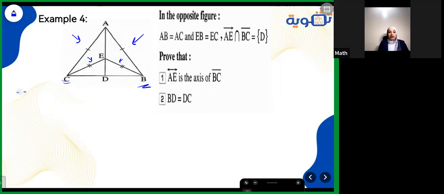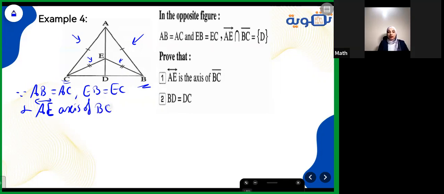So I will say that since AB equals AC and EB equals EC, then of course AE as a straight line will be the axis of the BC line segment because it's at equal distances from its terminals.